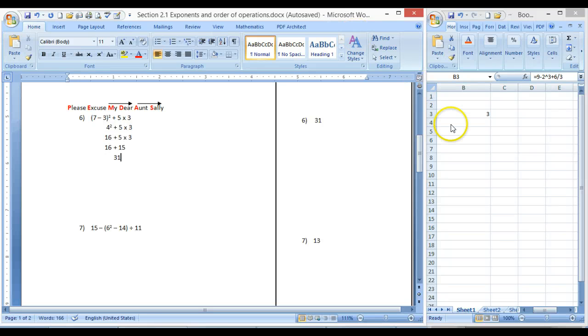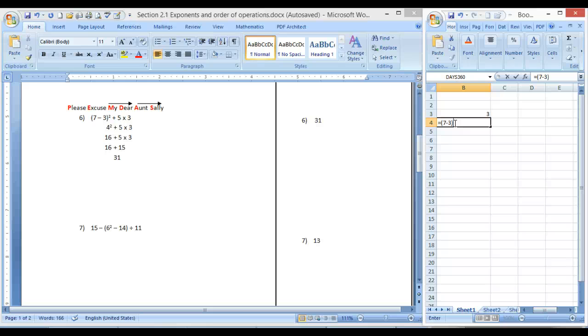like to go ahead and check. So I'm going to come over to Excel, get it to calculate, do an equal sign, and Shift 9 gives you your parenthesis, 7 minus 3 using my number pad, or you could use the number pad above your keyboard.